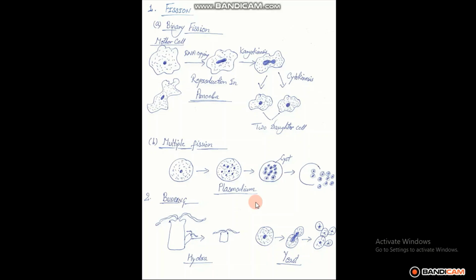Hydra is a multicellular organism, and it is found in marine water. These are the tentacles of the hydra. See, this is the parent body of the hydra, and the outgrowth is the same as the parent body. It creates an outgrowth from its body, and after some time this small part, known as the offspring, its progeny, detaches from the parent body and lives independently.